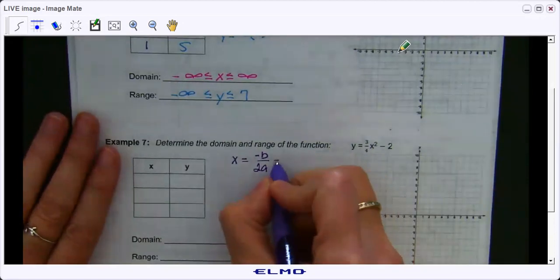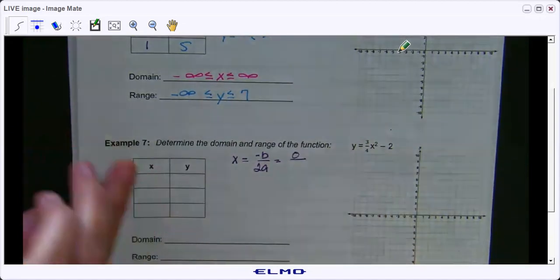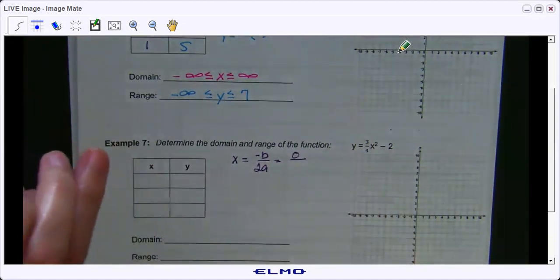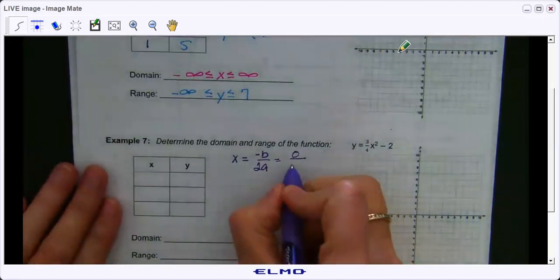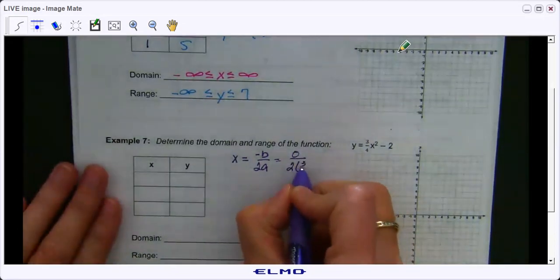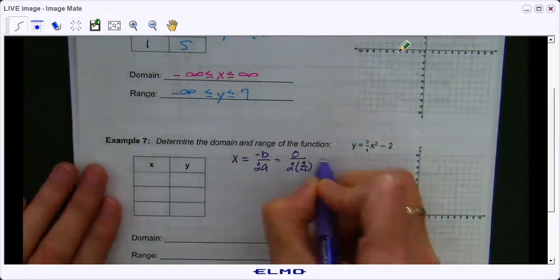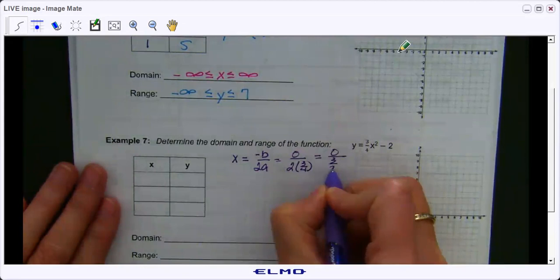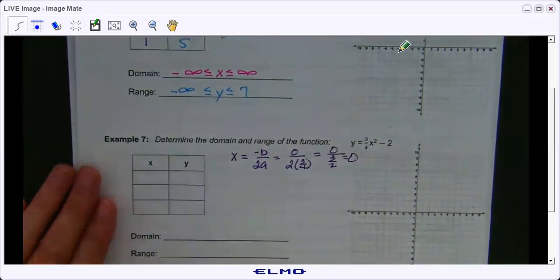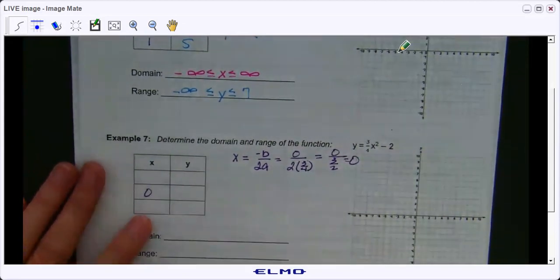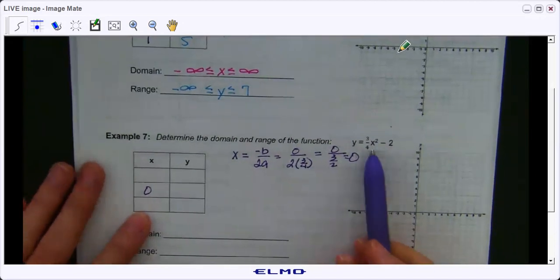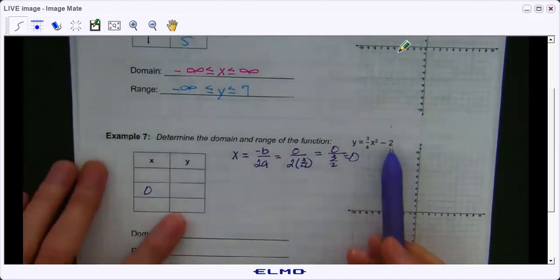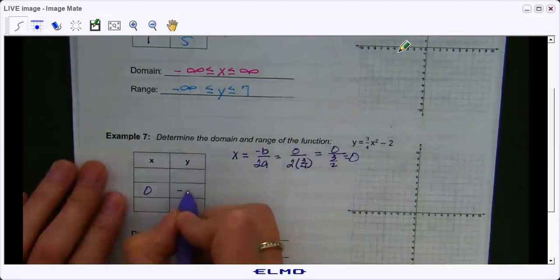So it's going to be 0 over 2 times 3/4, which is 0 over 3/2, which is just 0. Okay. So I know my x is 0. And when I plug the x into the equation for 0, my y-intercept will be -2.